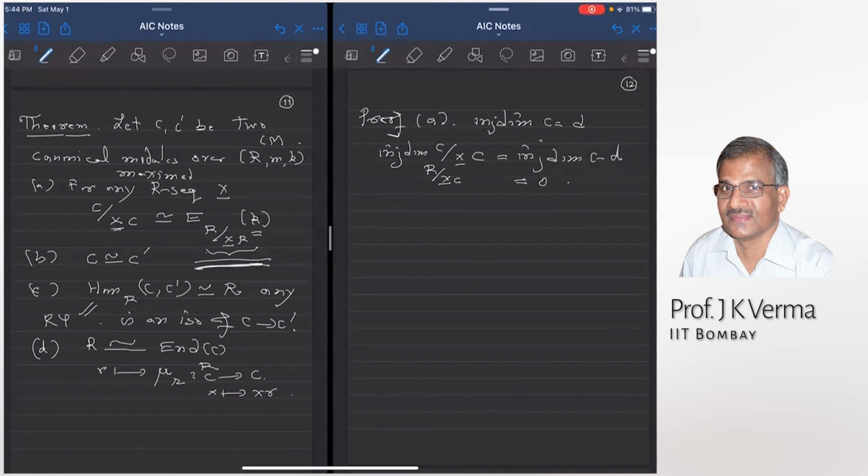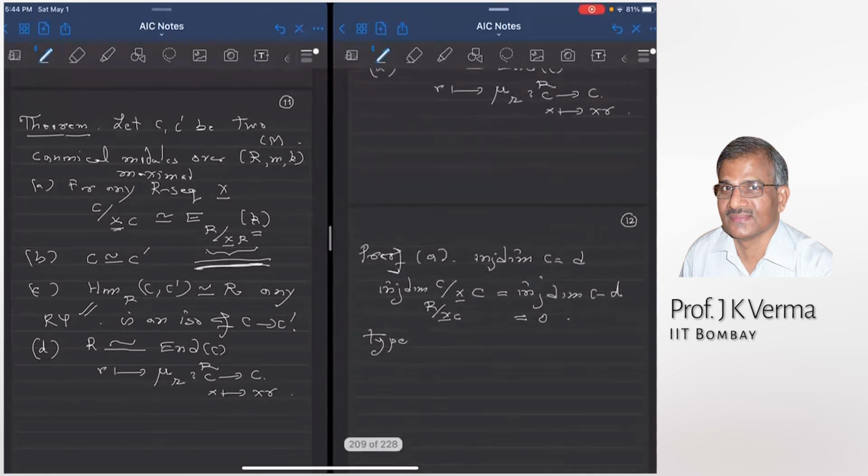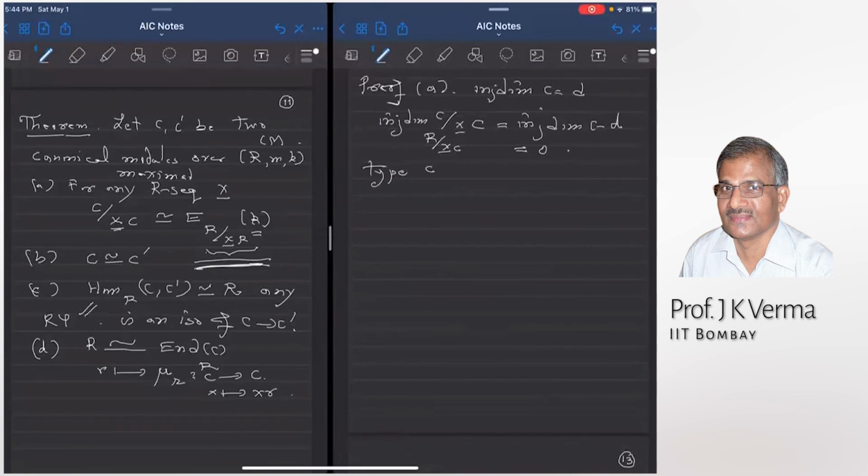So what can you say if a module has injective dimension 0 over R mod xR? And what about the type? What happens to the type of C mod xC? Because I have gone mod the full maximal regular sequence, the dimension has dropped to 0. C was dimension d, and x is a regular sequence of length d.